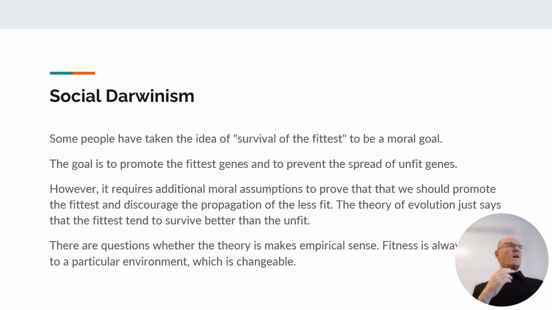Also, the idea that some humans are better than others seems to eliminate the idea that there's a particular environment that humans are well adapted to. Humans who are adapted to one environment wouldn't fare so well in a different environment, whereas social Darwinists seem to think there are some humans who are just better than others, whatever the environment. So there's also a sort of mistake there.